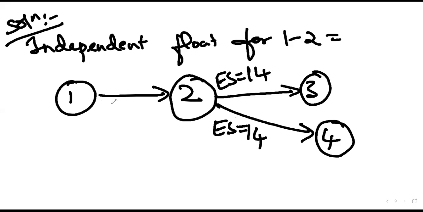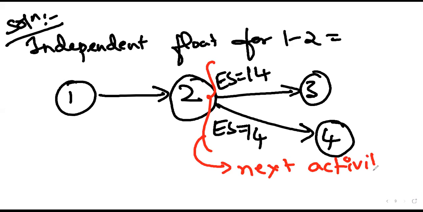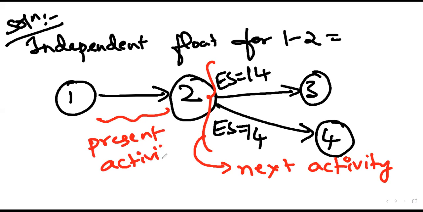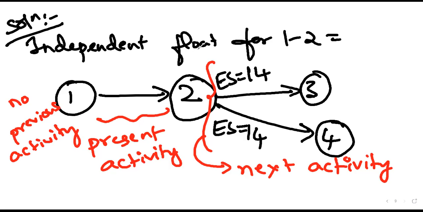Correct. So these two are nothing but the next activity. These two are the next activity, and this is the present activity, and there is no previous activity. So in which case we are going to consider, therefore the latest finish is equal to 0.